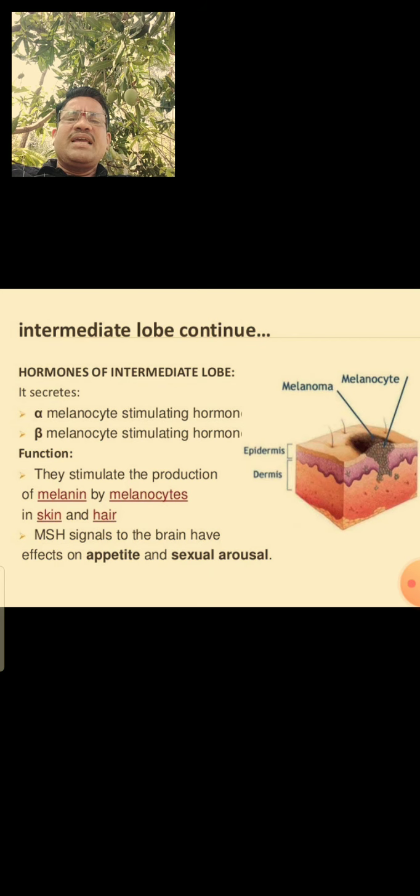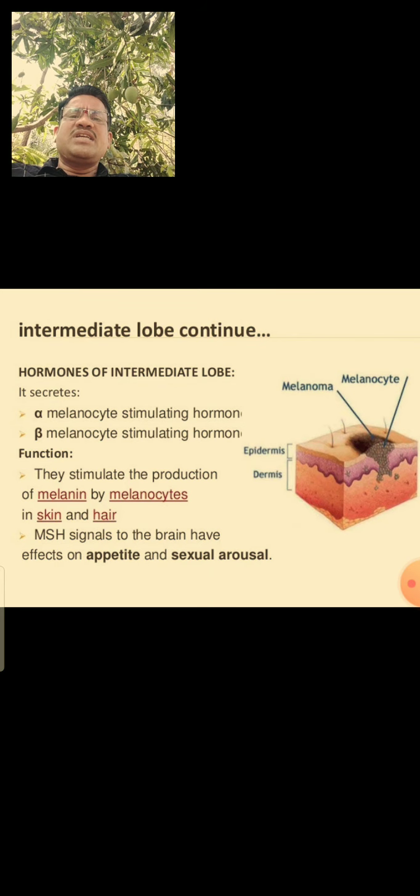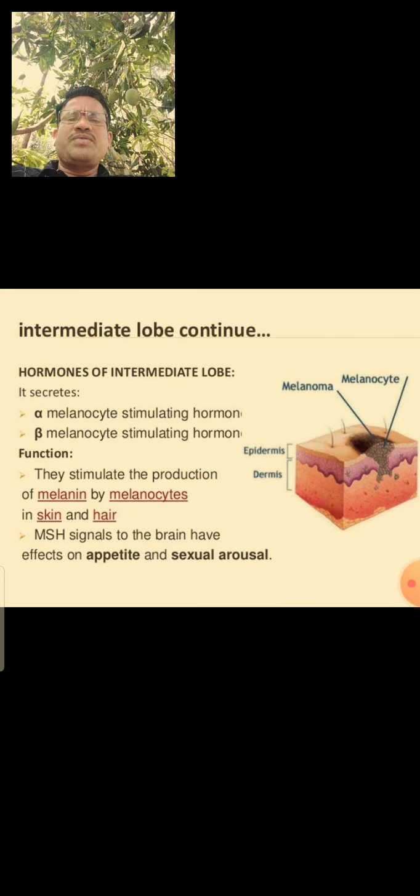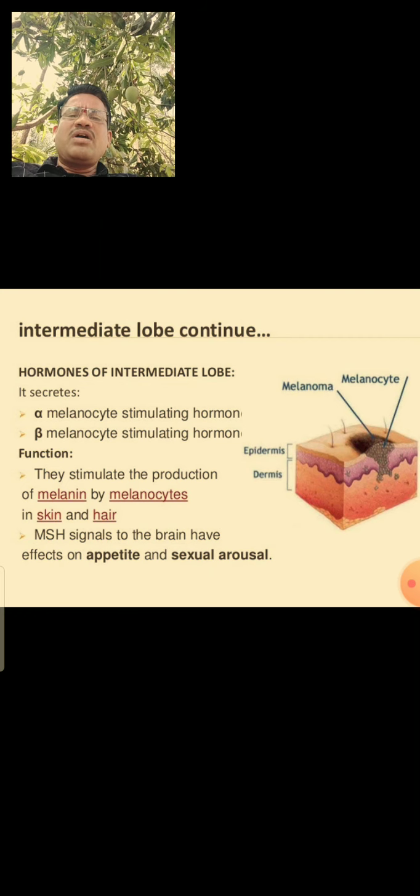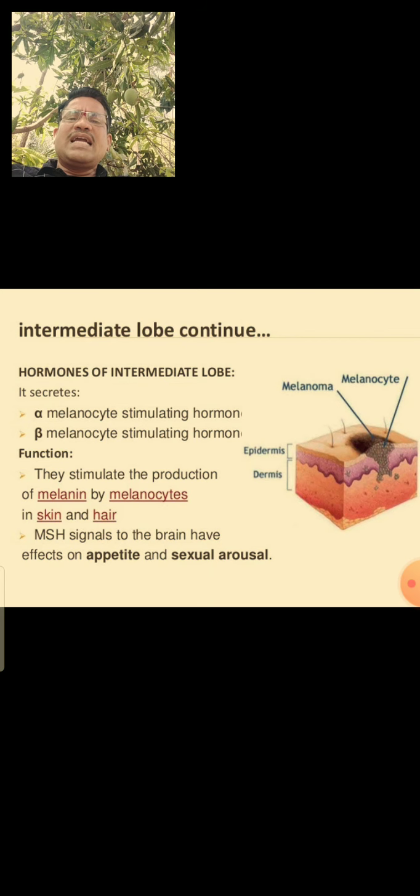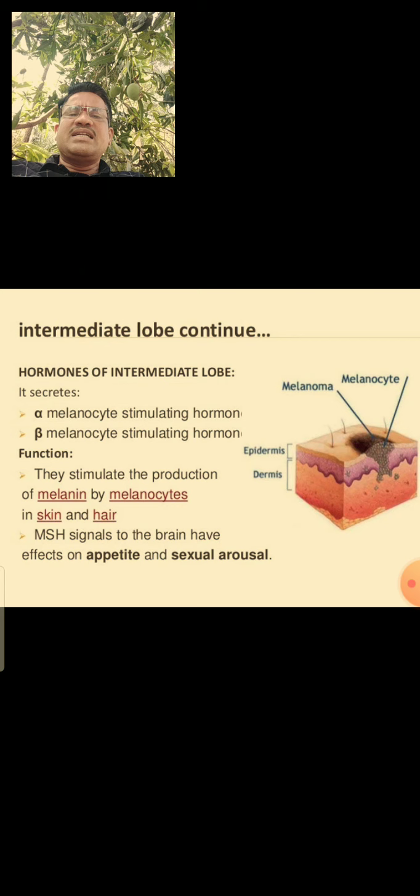Generally, MSH can affect the color of the skin of human beings. So, the intermediate lobe secretes two types of hormones. First one is alpha melanocyte stimulating hormone, and second one is beta melanocyte stimulating hormone.